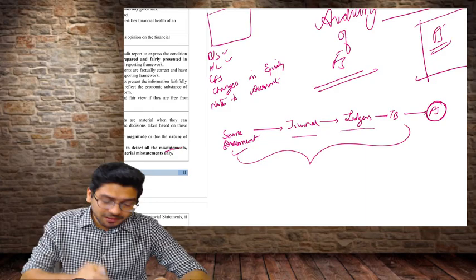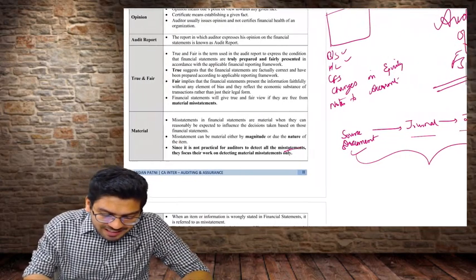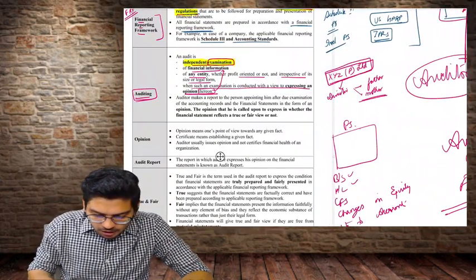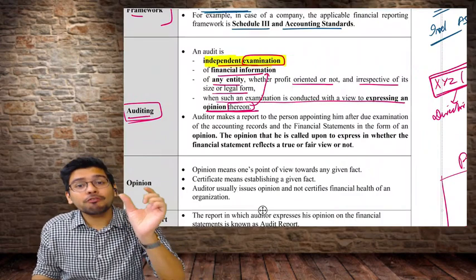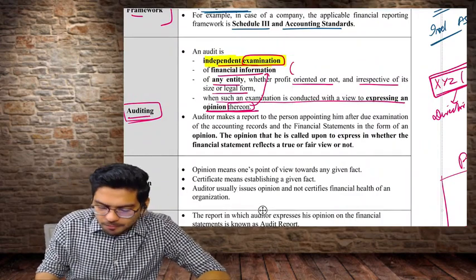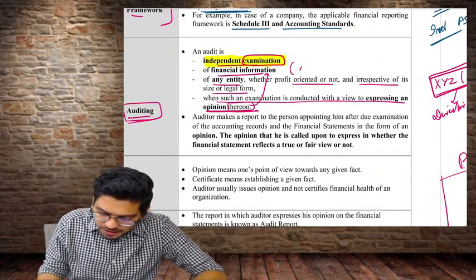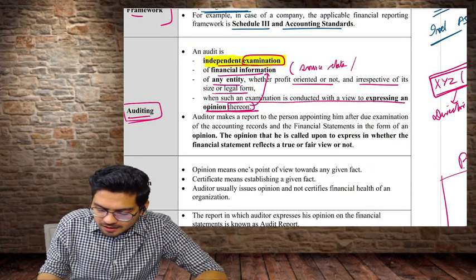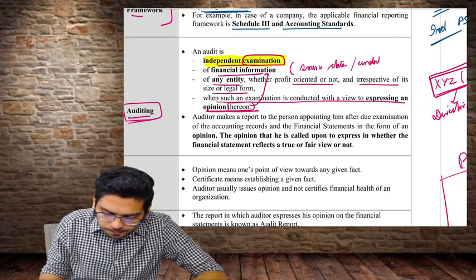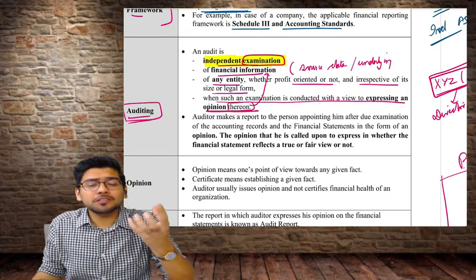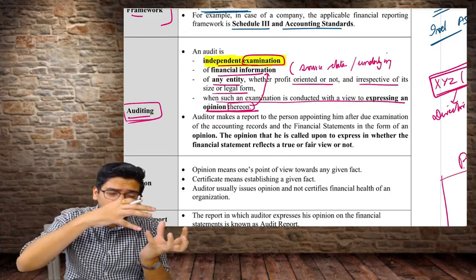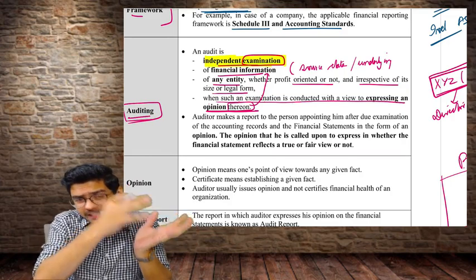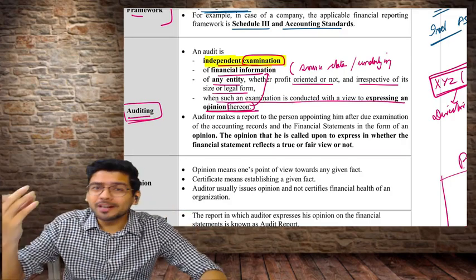That is why the definition says audit is an independent examination of financial information. By financial information I mean all the source data and the underlying documents. Underlying data means the source data, which was used to create the financial statements.